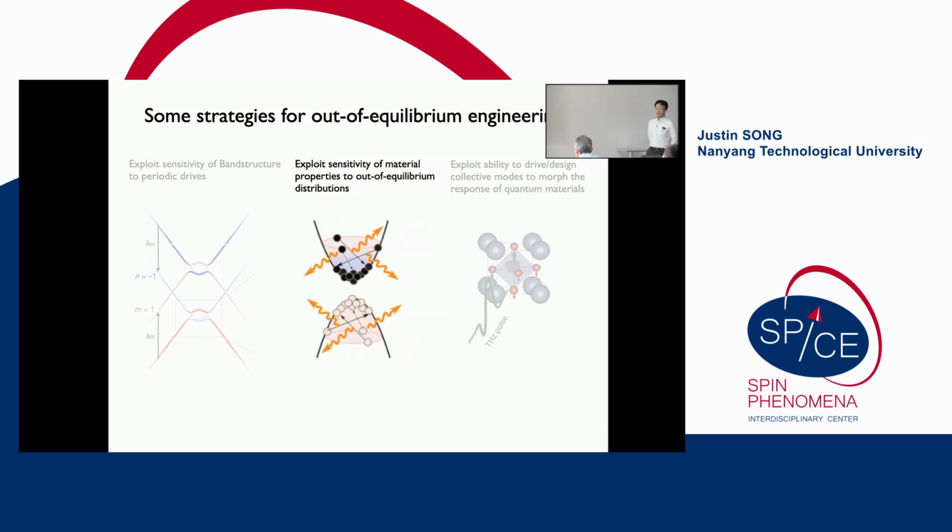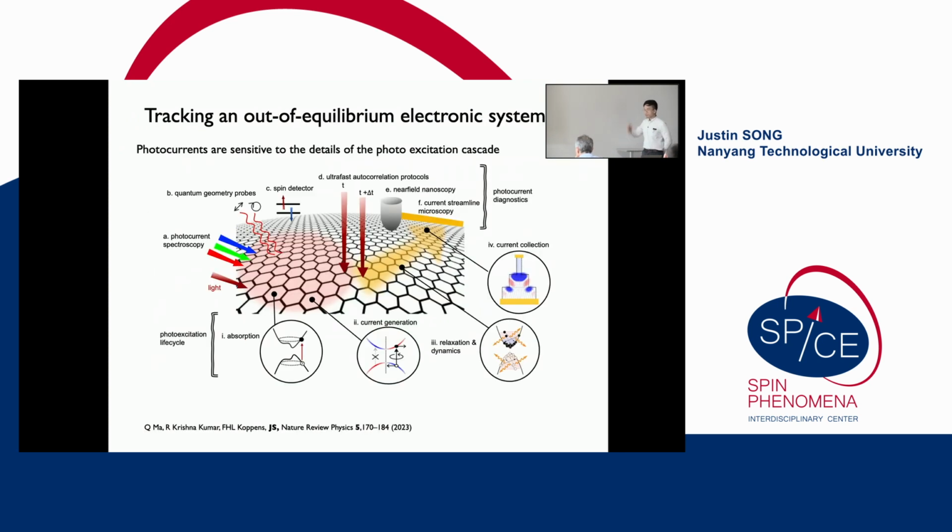So some other strategies that we've seen already this week were, for instance, exploiting the sensitivity of a material to out of equilibrium distribution function. One good example of such a response that is very sensitive to out of equilibrium distribution functions is photocurrent, rectified photocurrents. The reason is that the photocurrent that eventually gets to, say, a contact is highly sensitive to the entire photoexcitation cascade, right?